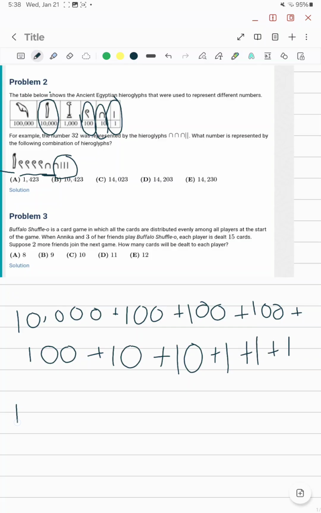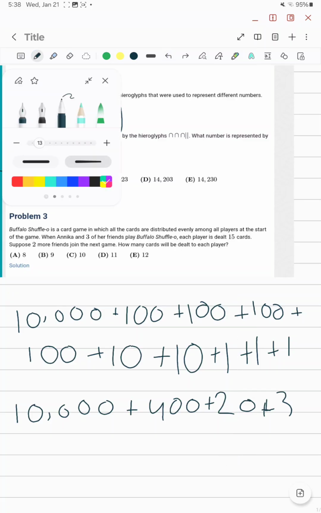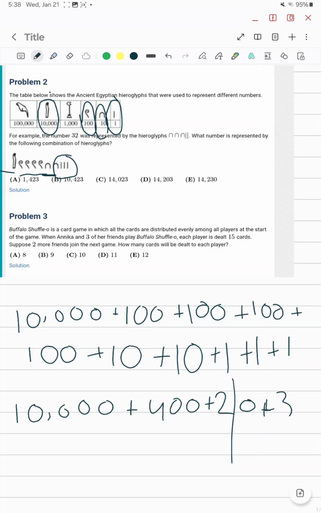And if we simplify this, we get 10,000 plus 400 plus 20 plus 3. Okay, let me just undo that. Yeah, there we go.